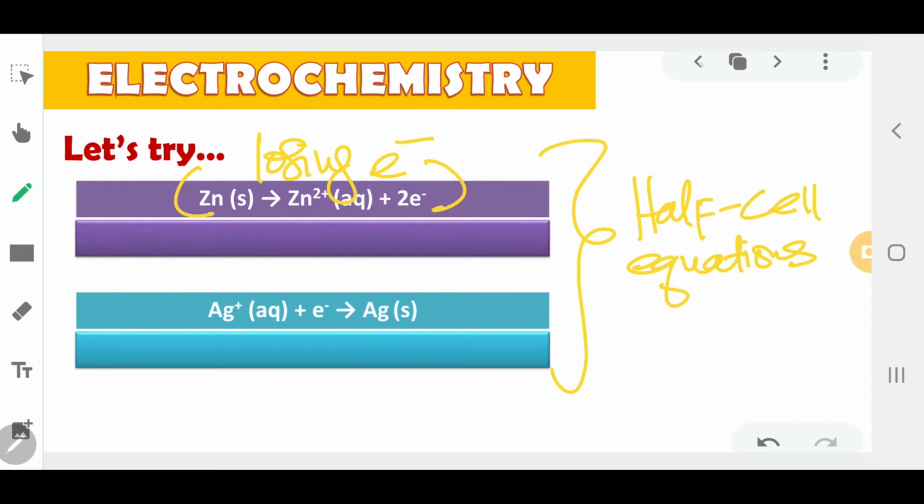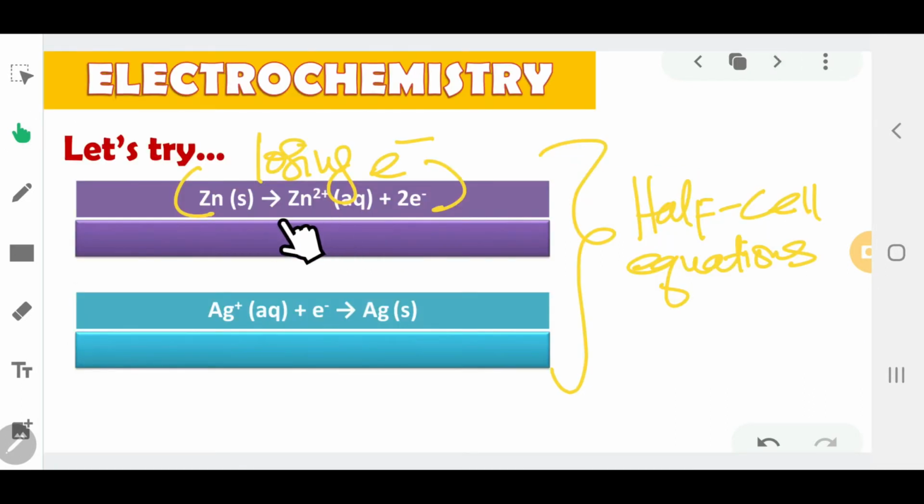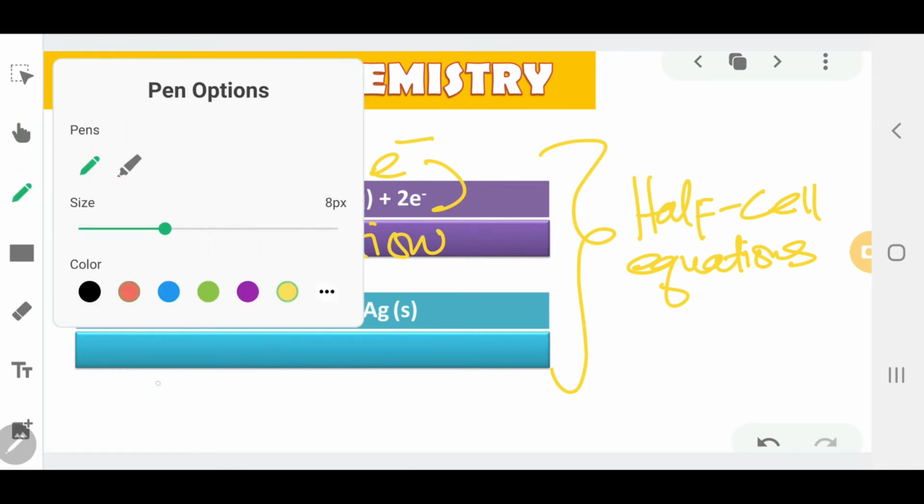If we go back to the mnemonic, oxidation is losing electrons. Therefore, this part over here is the oxidation process.